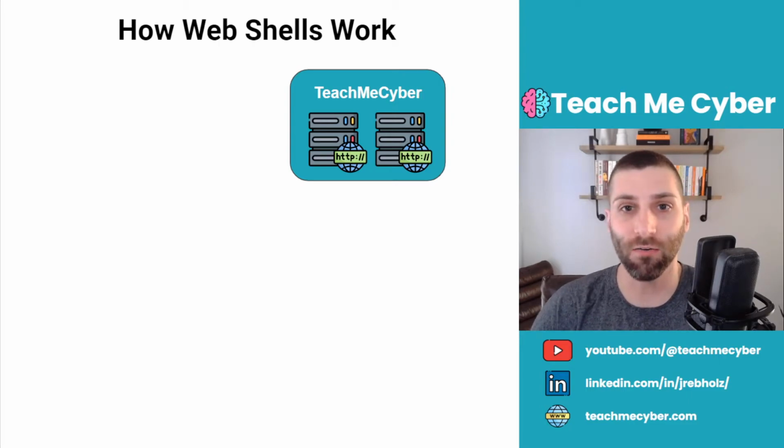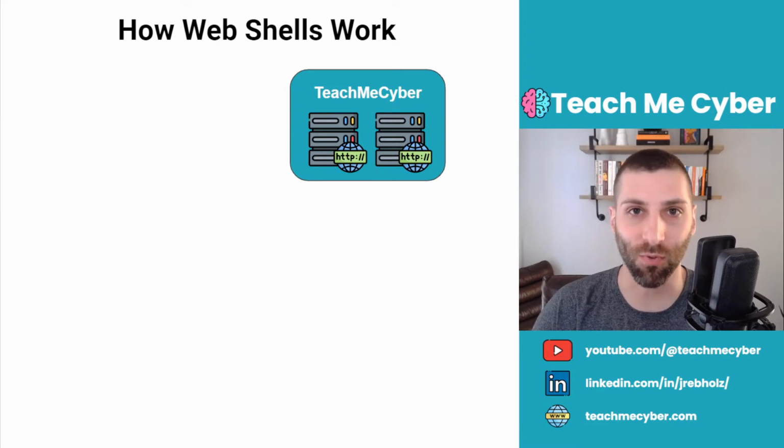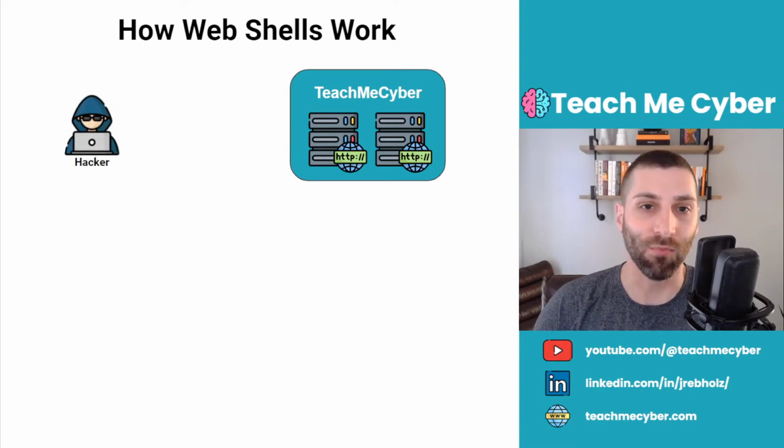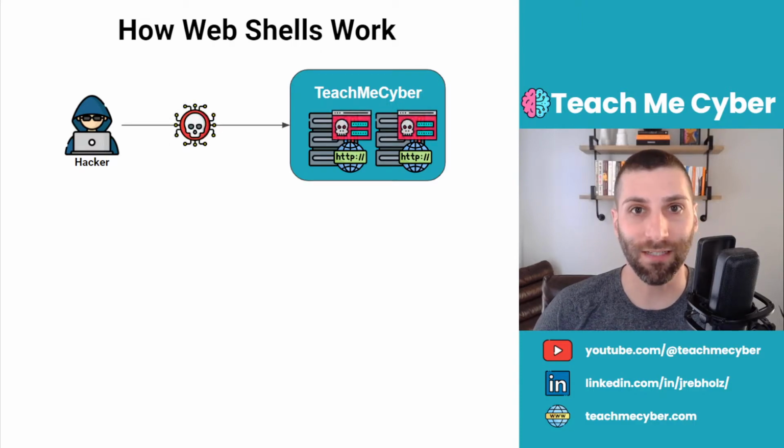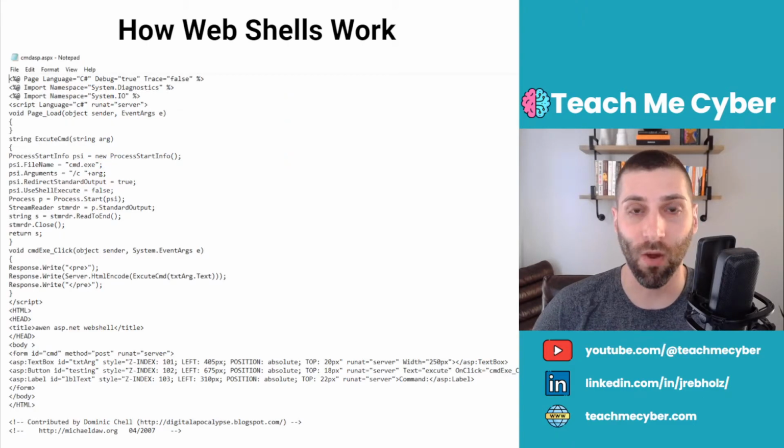So for this scenario, we're going to assume that there's some sort of exploit that the attacker can run. And so we have our good old hacker here. They're going to run that exploit, and that's ultimately going to allow them to drop a web shell, which is just a malicious web page, onto those servers. Now, when we look at the contents of a web shell, it's fairly basic.